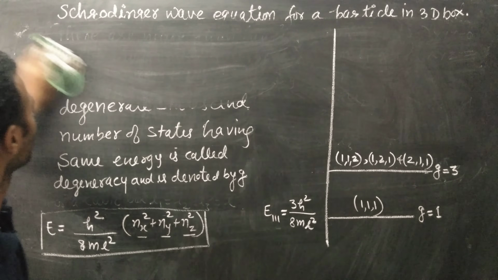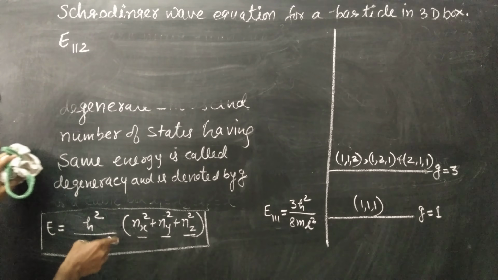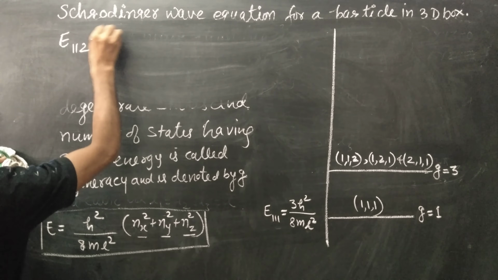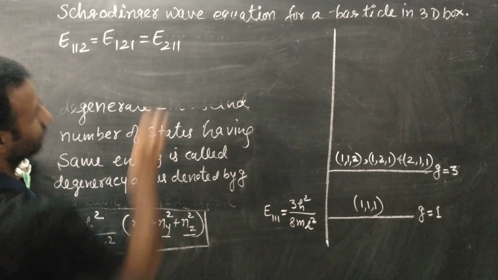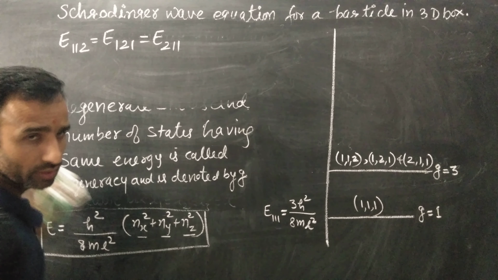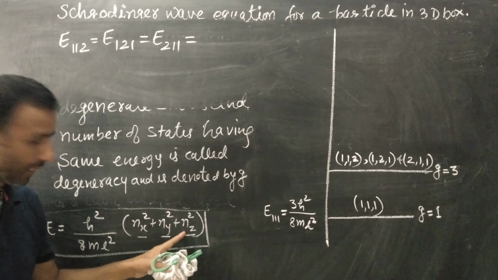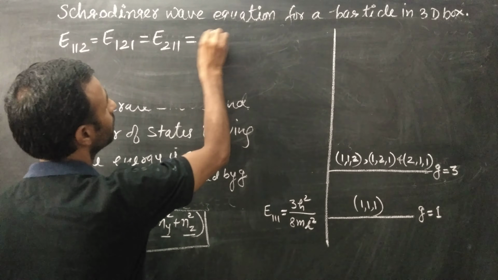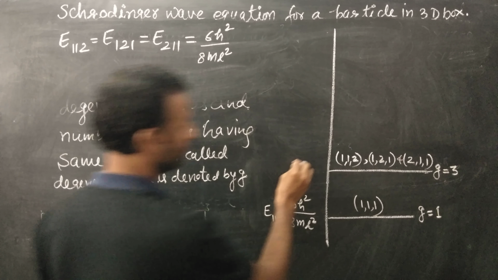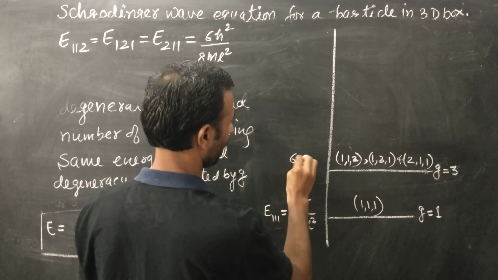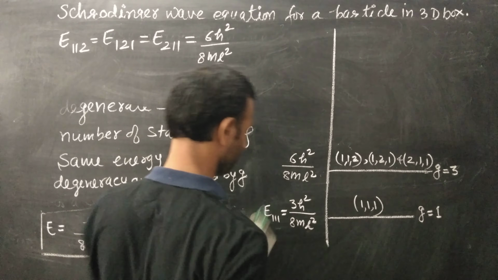That means energy of E112 is equal to energy of 121 equal to energy of 211, and all is equal to just 4 plus 1 plus 1, 6 h square over 8m L square, right?